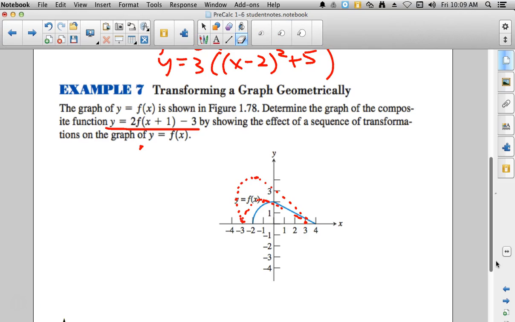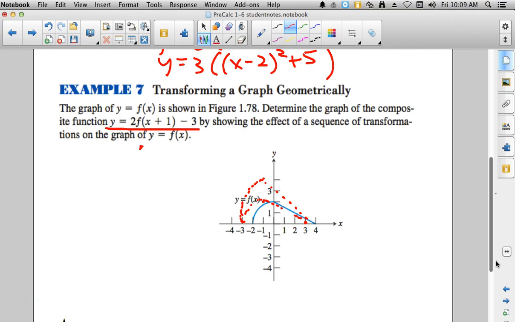That's a little off. I think I graphed a little bit too far to the left. So it looks like we grabbed the top of it and we pulled.